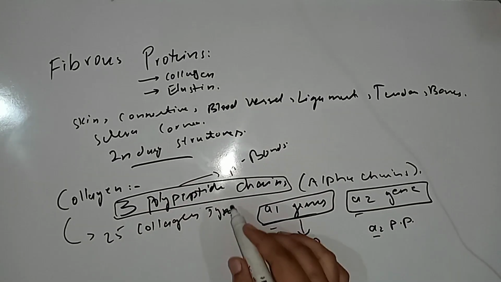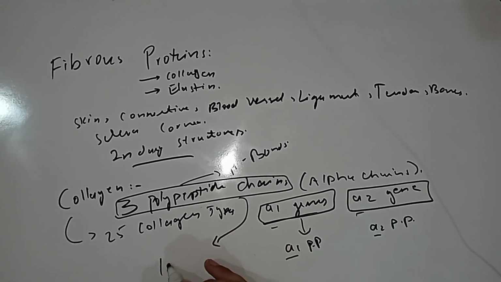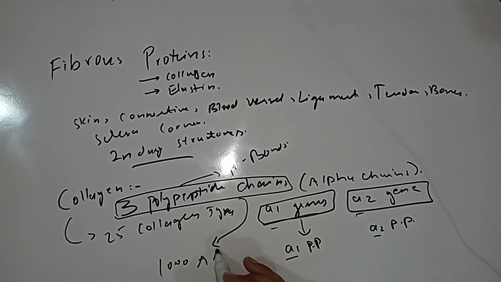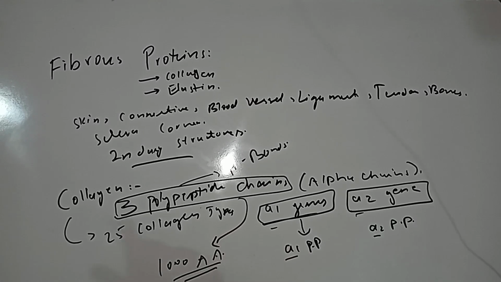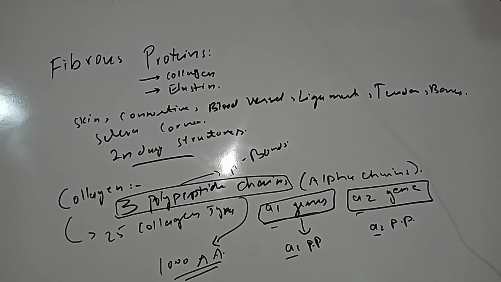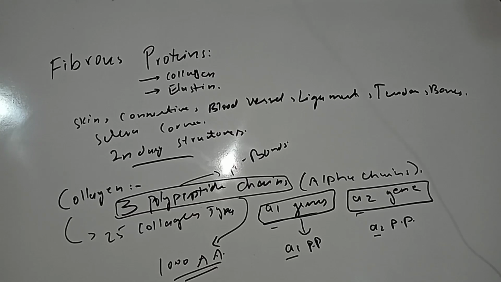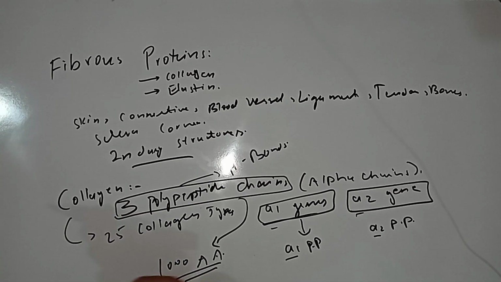One polypeptide chain has about 1000 amino acids, and this amino acid sequence imparts the specific characteristics to the specific collagen molecules.